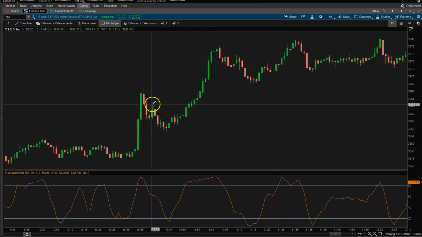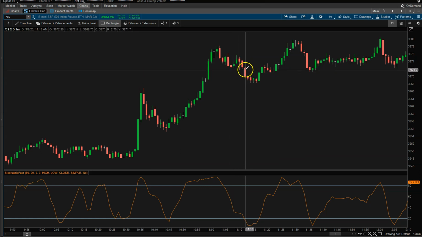Now, we have another key of all this really working out: you want to see price start to make lower highs, right? Kind of break below. So right here, we're making a low, a high, a higher low, right? And then we finally break down here.